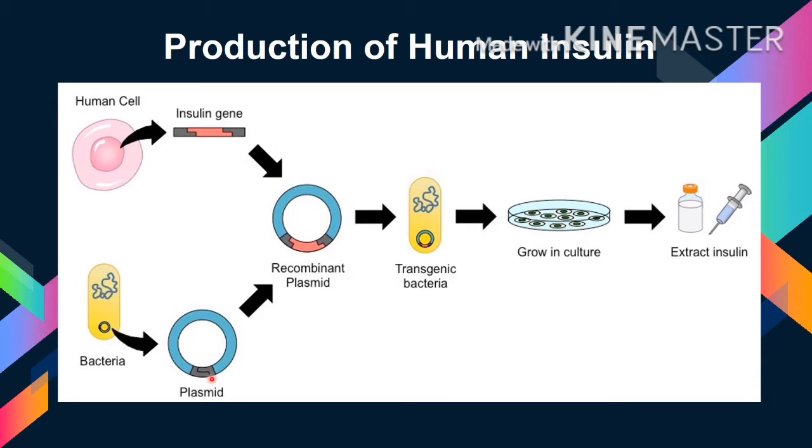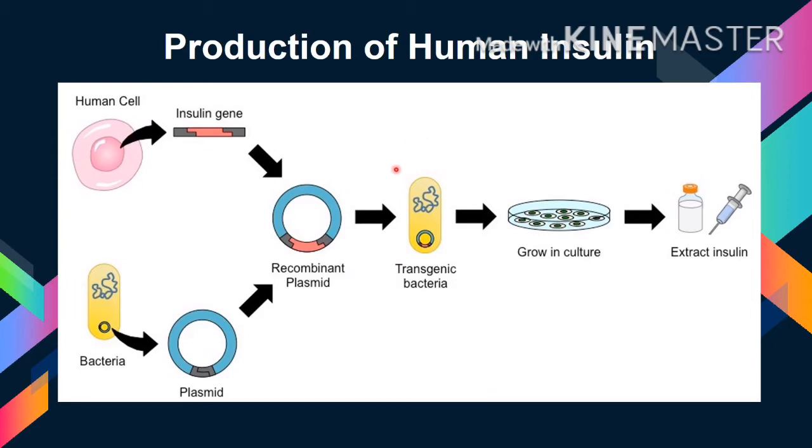After that, the insulin gene will be combined together with the plasmid using DNA ligase. Therefore, the plasmid is now called a recombinant plasmid and is ready to be inserted into a cell, a bacteria cell to be specific.